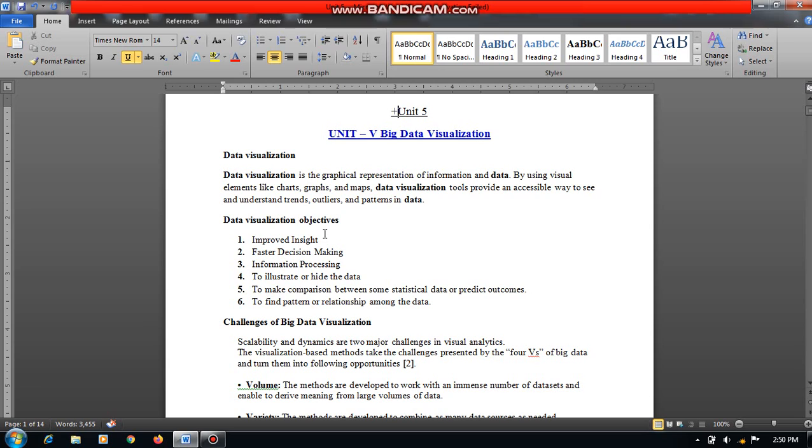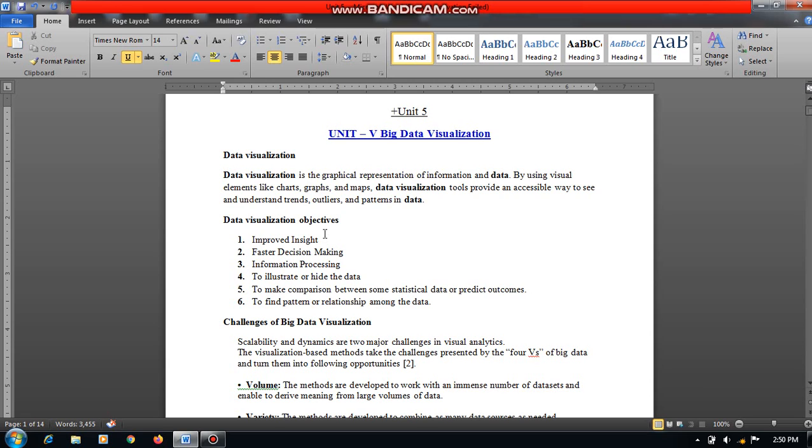Then, to find patterns and relationships among the data, because we can use different graphical presentations. A flow chart is one of the methods, and a data relationship diagram is another one of the data visualization techniques.